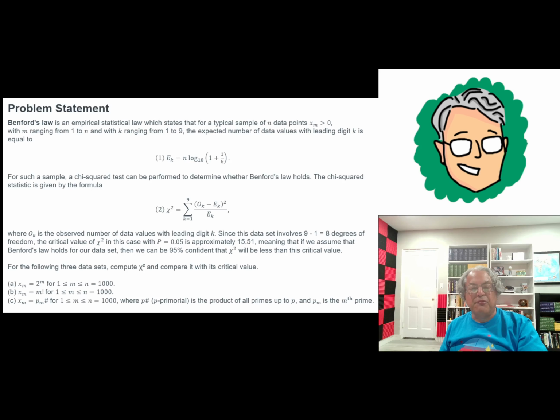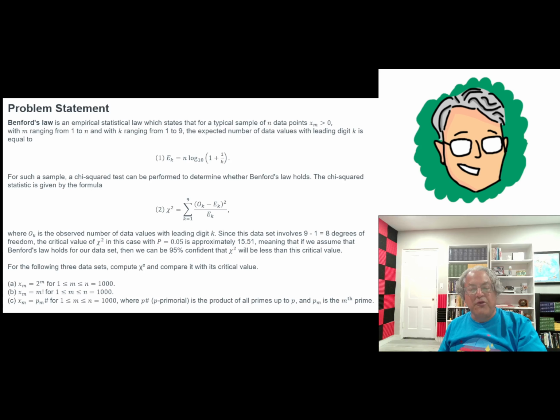I talked about this in my last video on Benford's law. For such a sample, you can do a chi-squared test to determine whether Benford's law holds. And the way you do that is you calculate this thing called the chi-squared statistic given by formula 2.